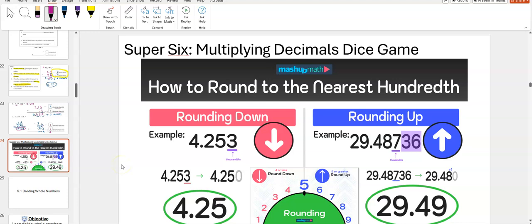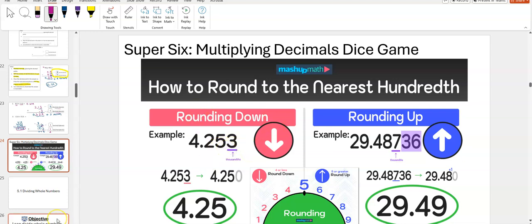So I quickly wanted to go over this with you. You can add this to a random page in your notes, like underneath one of your notes or any spot that you have extra space. But you should know how to round. Because when dealing with decimals, you might get a really, really big decimal or a really, really small decimal. And so we want to make sure that we can round so we're not dealing with all those digits, okay?